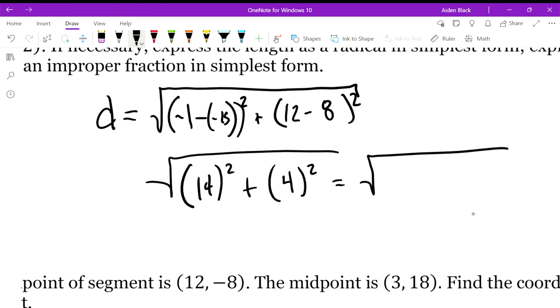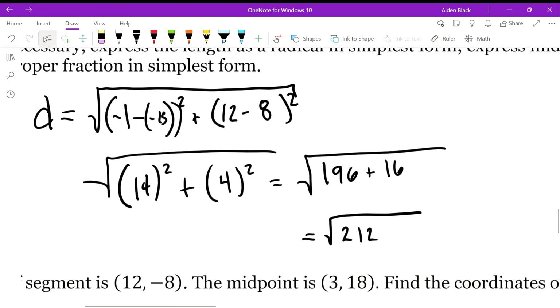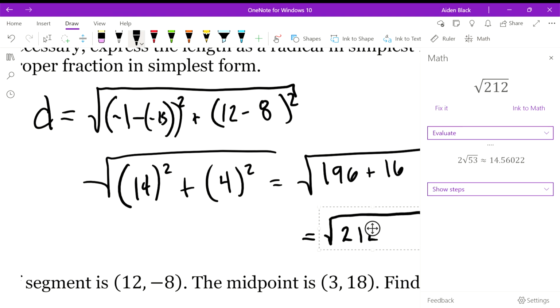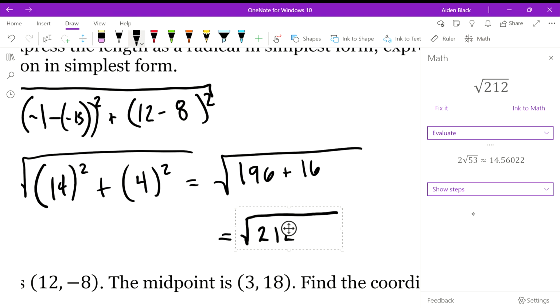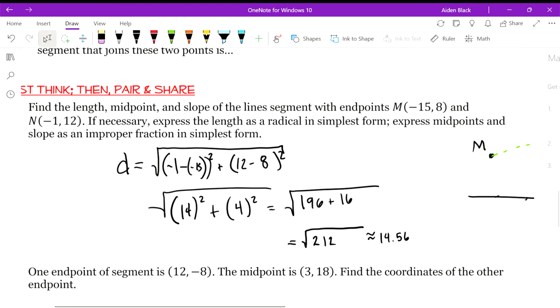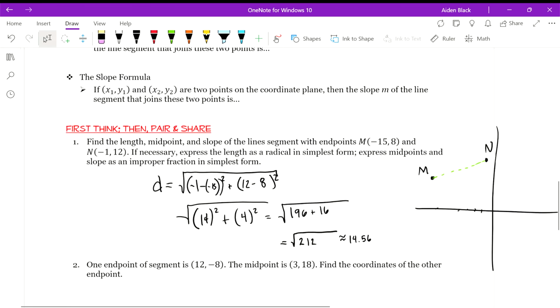So we have 196 plus 16, which would give us 212. So the square root of 212, which is approximately 14.56, we'll leave it at. So that's the distance between M and N.